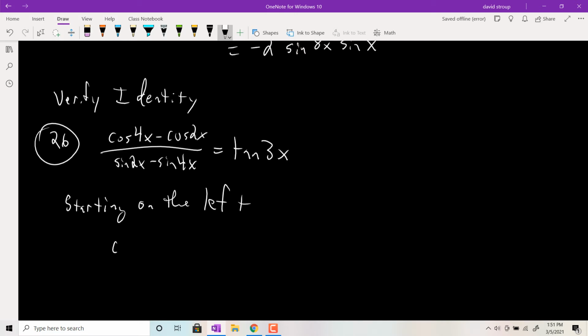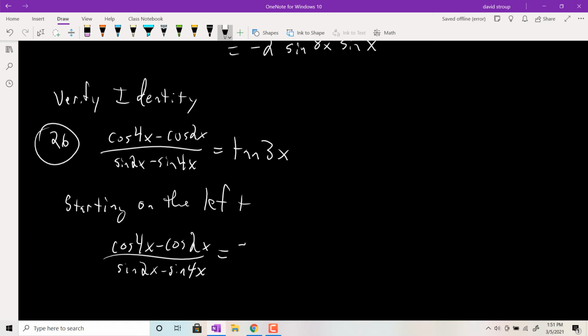we have cosine of 4x minus cosine of 2x all over sine of 2x minus sine of 4x. Right? So we're going to use the sum to product formulas. First, for the cosine minus cosine from above, that's formula number 4.